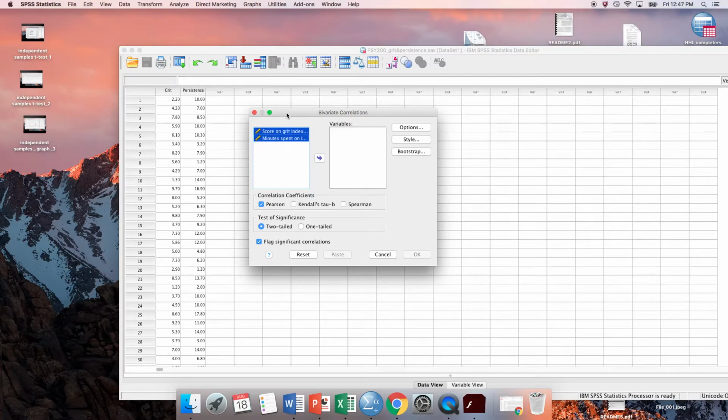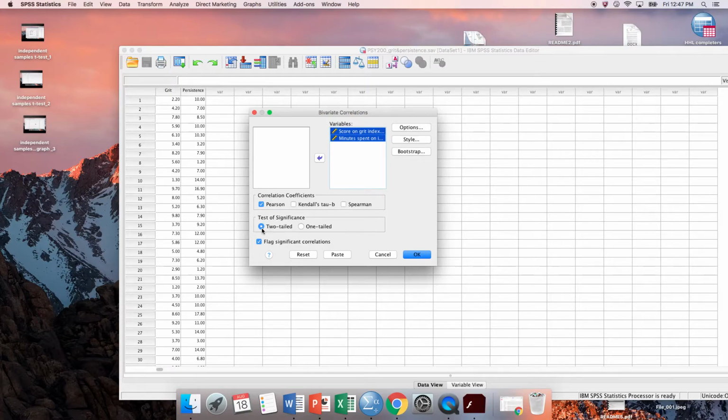Now I'm going to choose both variables and put them into the variable box. The default here is a Pearson correlation, which is what we would choose. A Spearman correlation would be used for something like ordinal data, non-continuous or non-interval ratio data, but we're not going to use that for today.